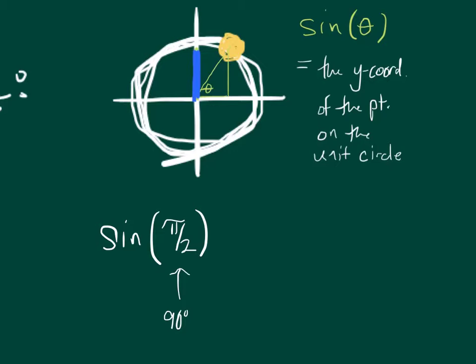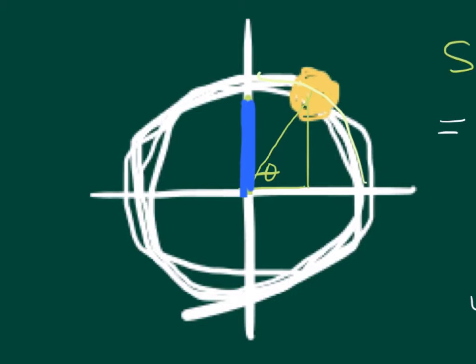So I go to the unit circle and I say, what's an angle of pi over 2? Well, an angle of pi over 2 is this. That's 90 degrees. And so the point on the unit circle that corresponds to 90 degrees is right there, because that angle right there is 90 degrees.